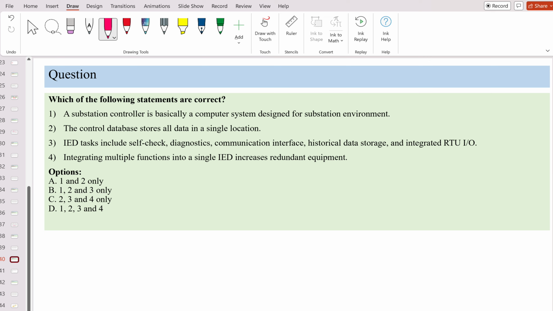Okay, option B, I got one answer. Okay, option B, okay.